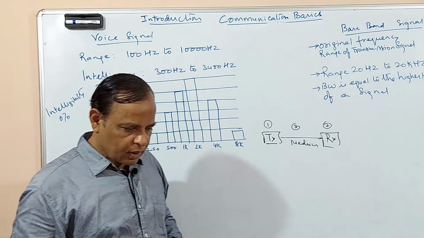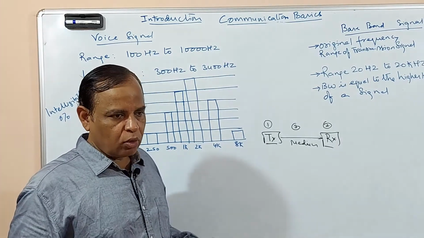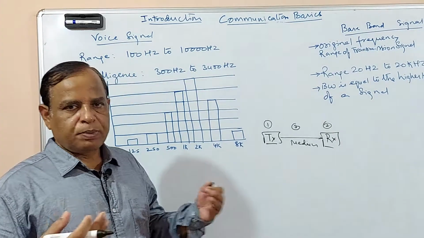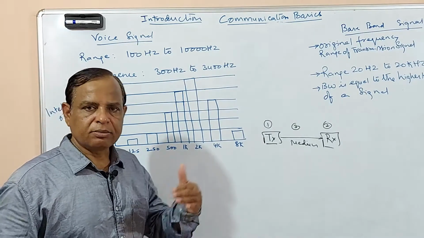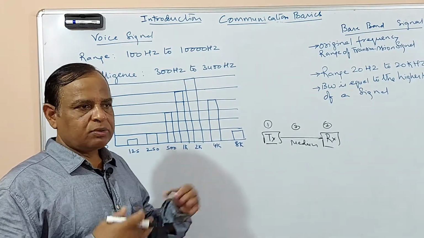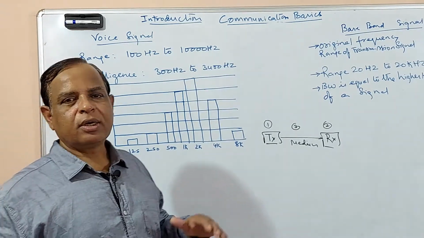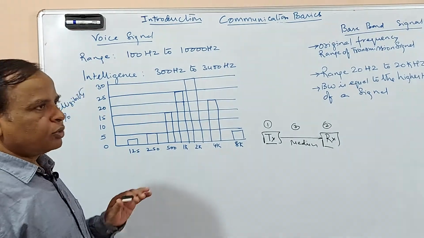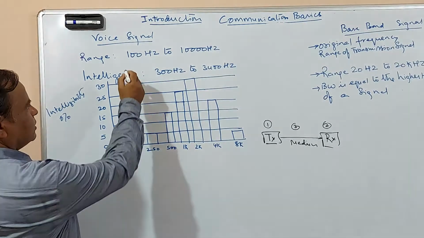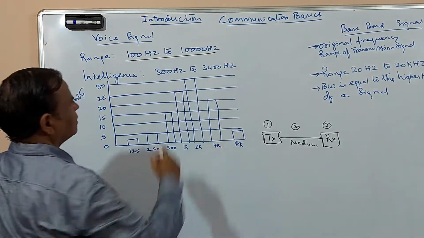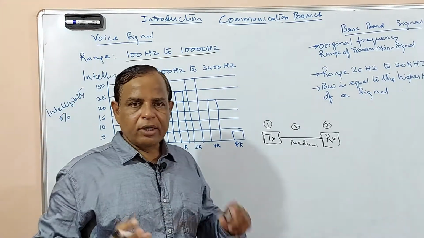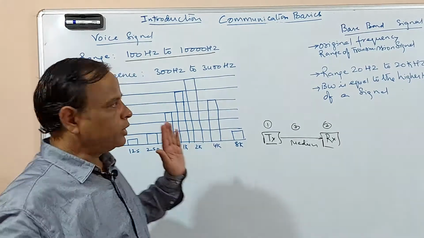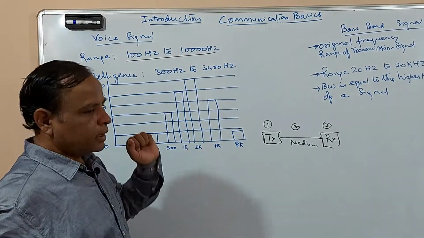When we speak, that signal is nothing but the voice signal. When we speak, we are generating some sound, and in this sound there is a range of frequencies, from 100 hertz to 10,000 hertz.